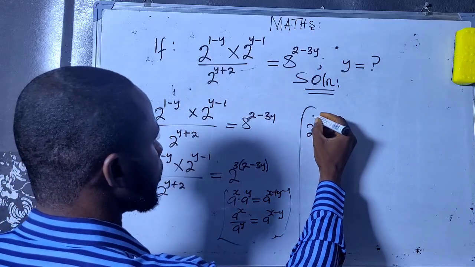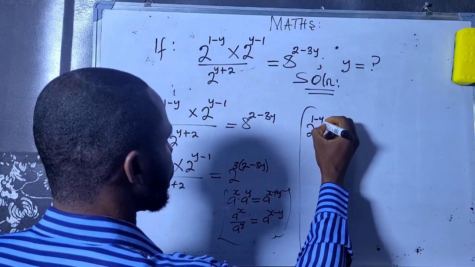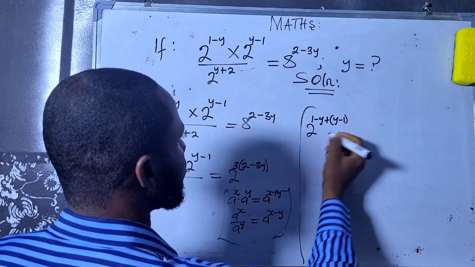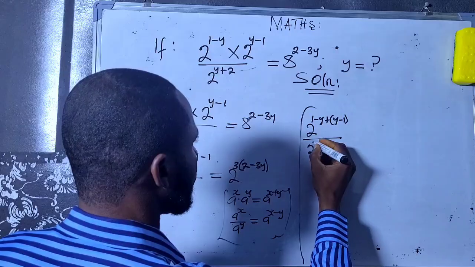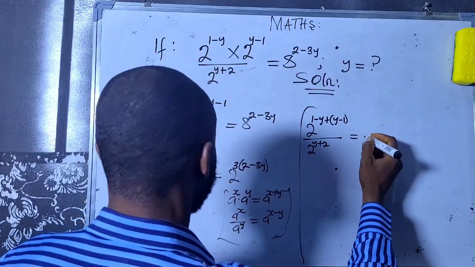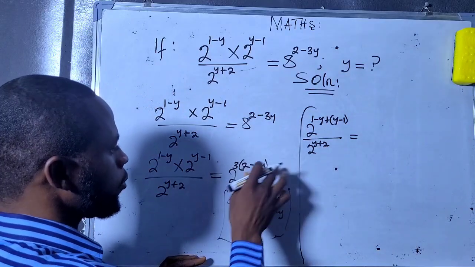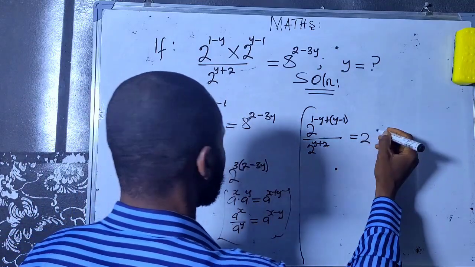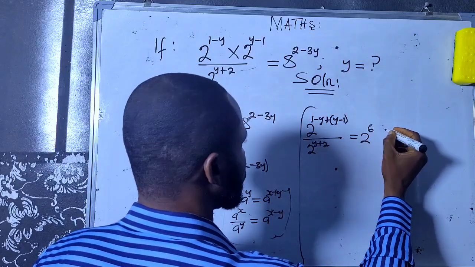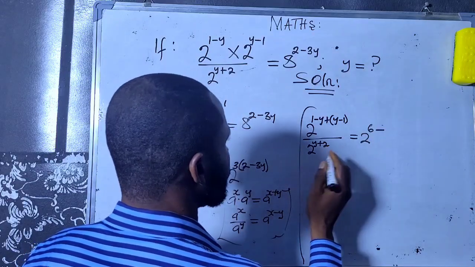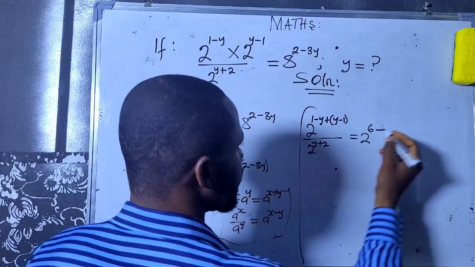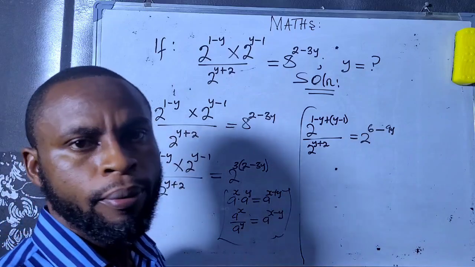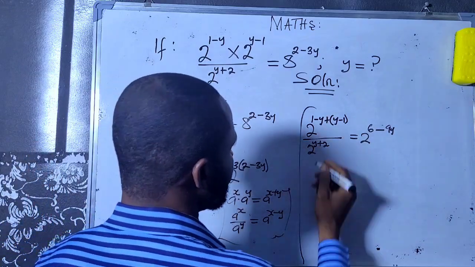That is 2 to the power of 1 minus y plus y minus 1, divided by 2 to the power of y plus 2, equals, let us multiply these powers out, 2 to the power of 3 times 2, that will give us 6, and 3 times minus 3y will give us minus 9y. When we simplify the numerator, we bring down the question here.